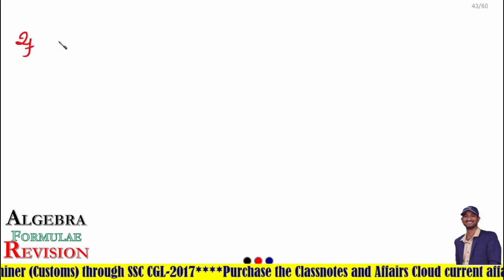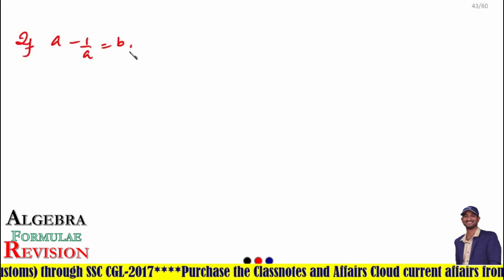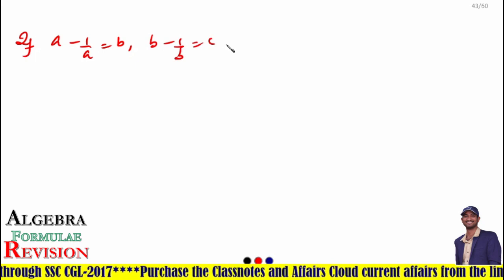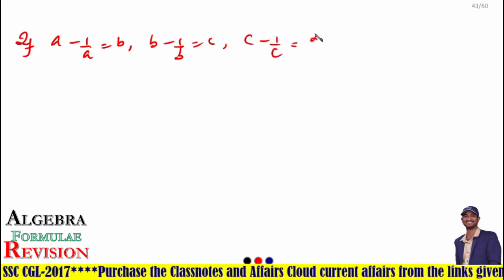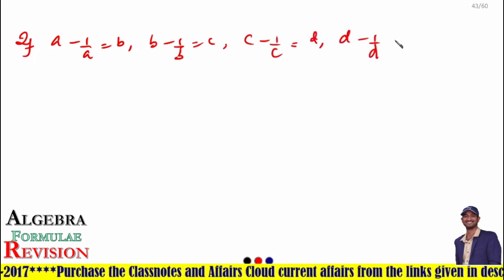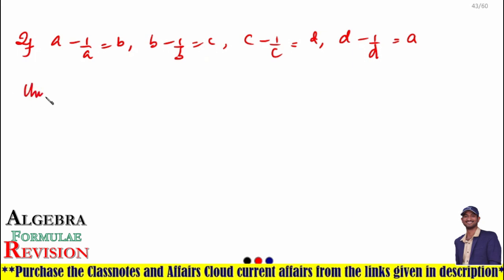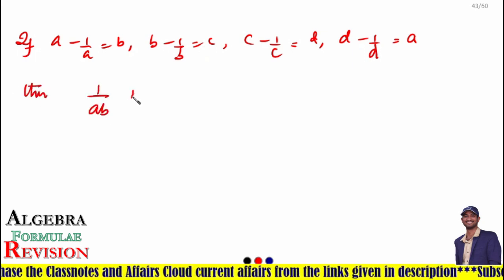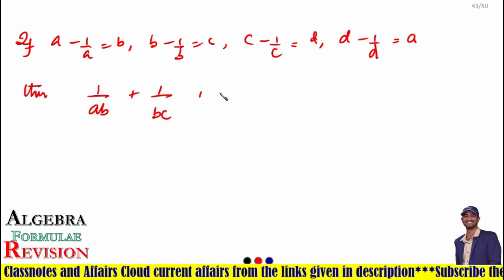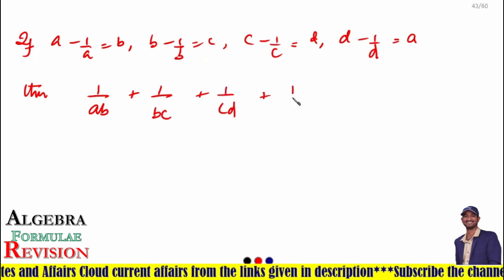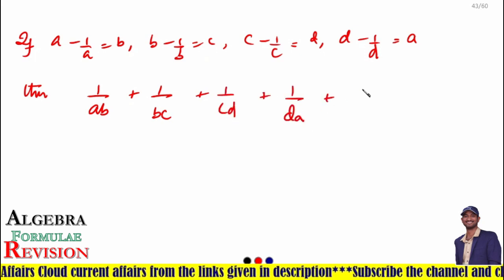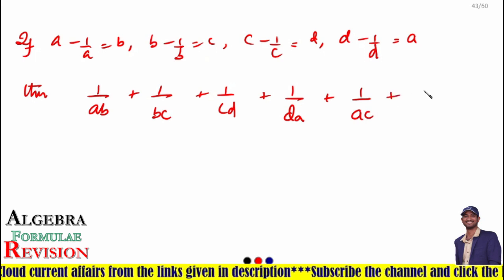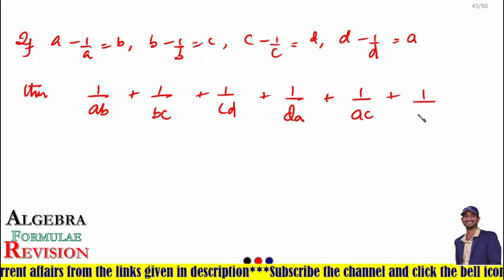Suppose in the exam it comes like this: a minus 1 by a is b, b minus 1 by b is c, c minus 1 by c is d, and d minus 1 by d is a. Then 1 by ab plus 1 by bc plus 1 by cd plus 1 by da plus 1 by ac plus 1 by bd.